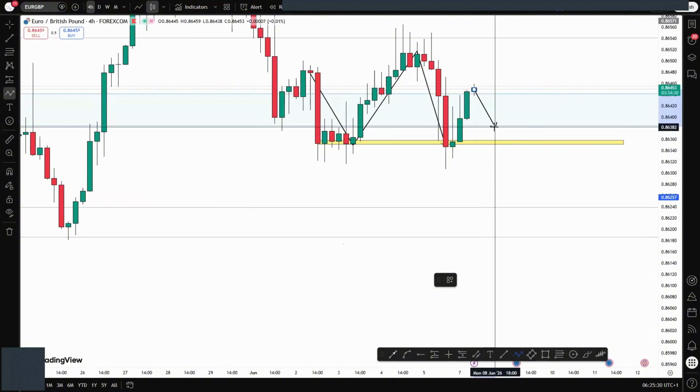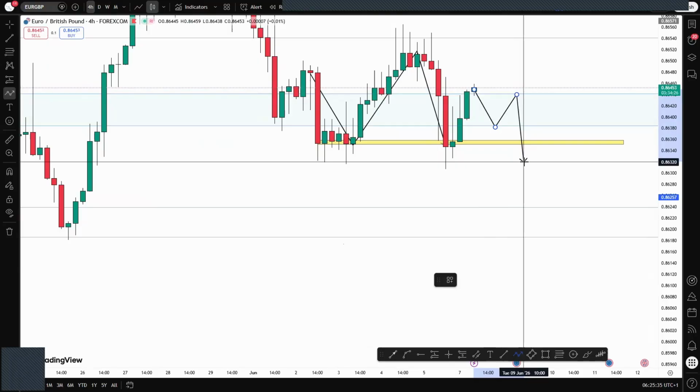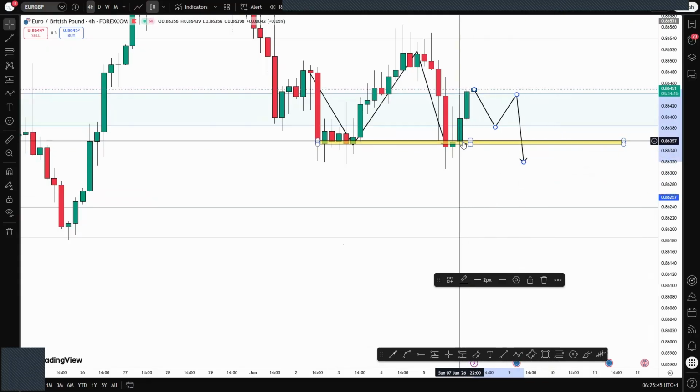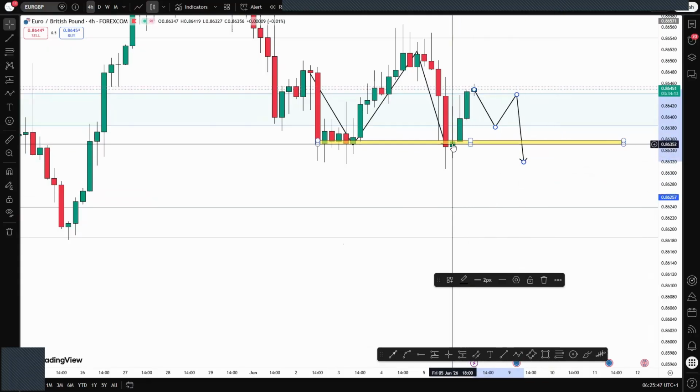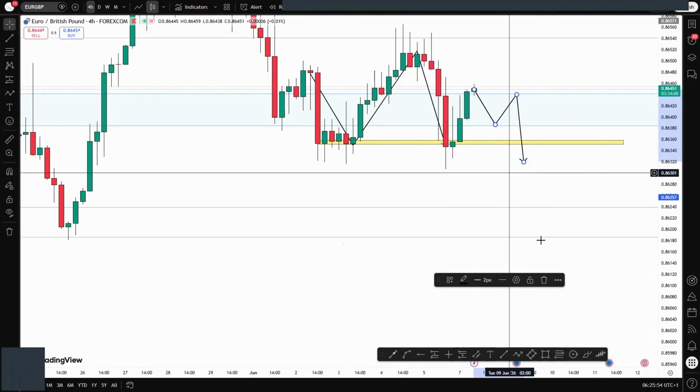Can maybe get something like this. If we get a break in this way, this is easier to sell because we take out the lower low and we have another point where we can sell from, which is at our OG level.